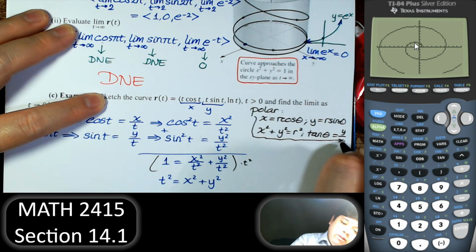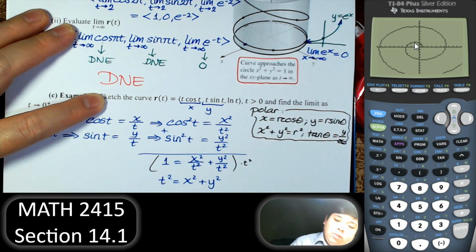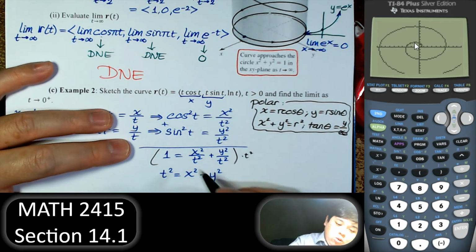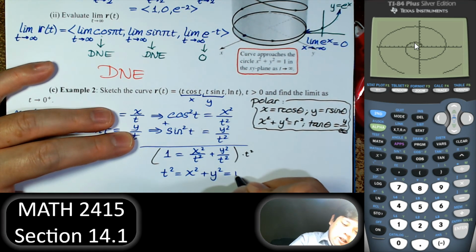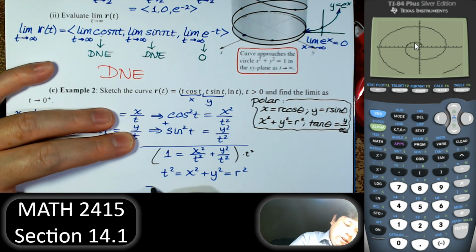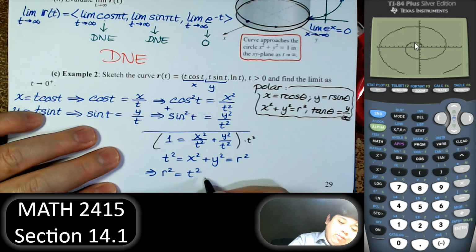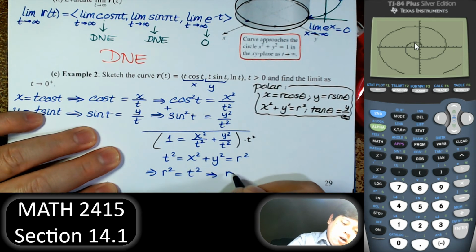So that's what we have about polar coordinates. So x squared plus y squared here is equal to r squared. So we have r squared equal to t squared. Take the square root on both sides, and t is only positive. So we can say r is equal to t.